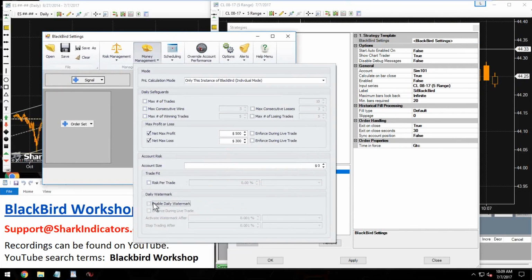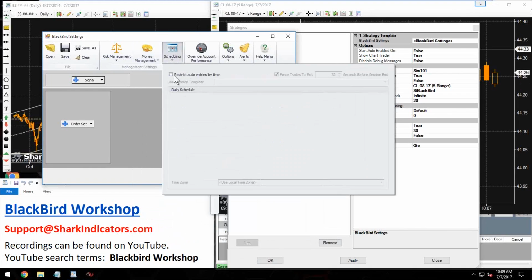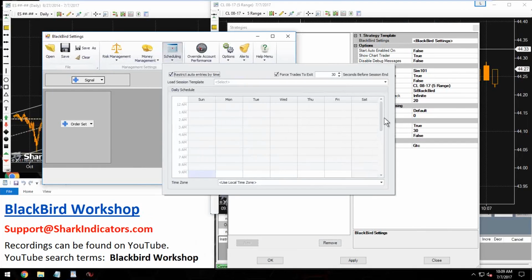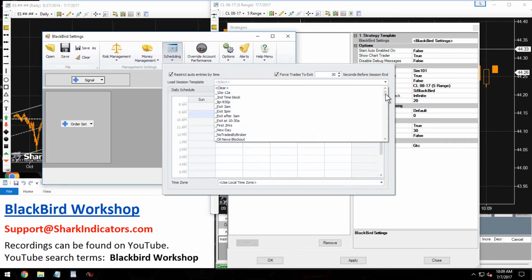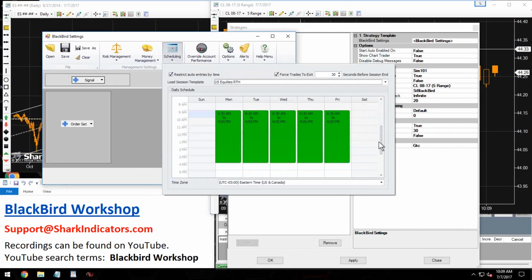It also has this watermark feature here, high watermark, sorry. BlackBird has a scheduler, so it's a lot easier to control when BlackBird is allowed to auto trade during the day. All right, so it's a lot more intuitive than Ninja's session manager to use.